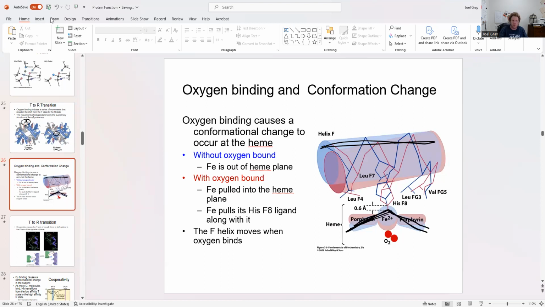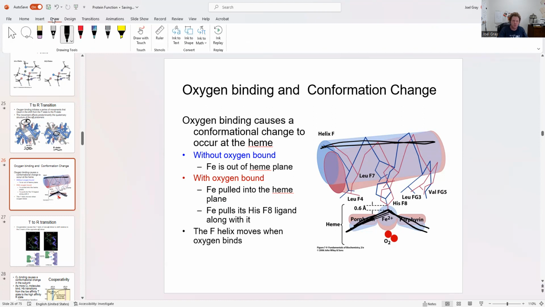Okay, so that's important because what we're going to notice is that the heme ring and everything in blue is going to undergo some changes when oxygen binds. Namely, that iron is outside of the heme plane.